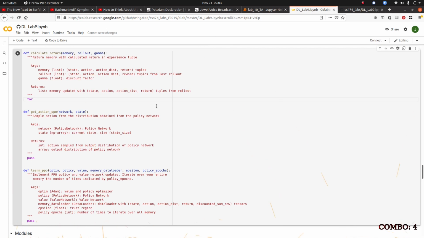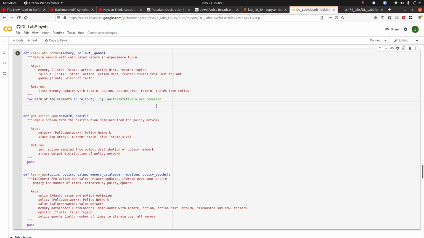We would say for each of the elements in the rollout going backwards, particularly the reward, we're going to say that the return equals the reward plus gamma times the return.